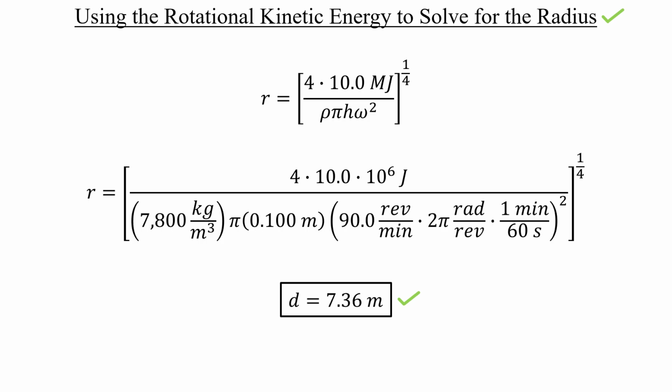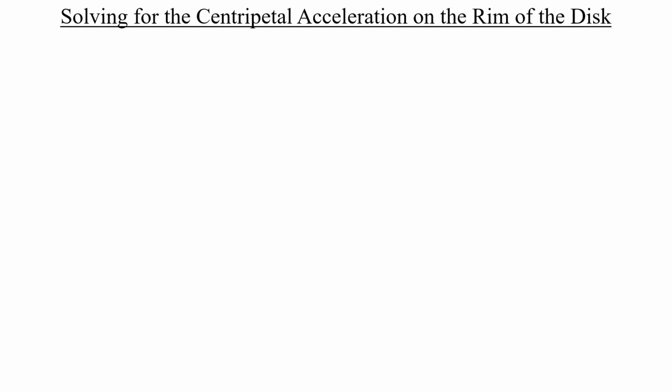In part B, we need to find the centripetal acceleration all the way at the edge of the disk. We can actually grab a familiar equation from previous chapters that'll help us out here. This one. Now, we don't know what the linear velocity v is, but we do know the angular velocity. Recall that the linear velocity v is equal to r times omega.